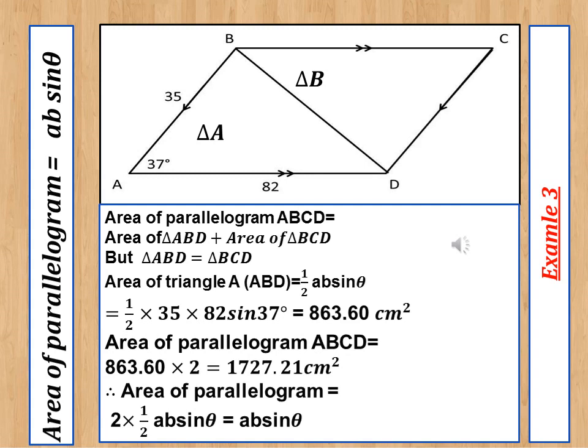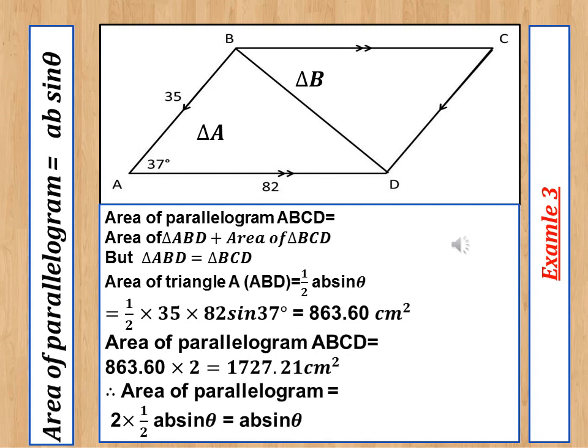Our one side is 35, that is A, and B is 82 centimeters, so the area of this triangle will be half times 35 times 82 sine 37 degrees, which gives us 863.60 centimeters squared. Therefore, the area of parallelogram ABCD will be the area of one triangle multiplied by 2, which is 863.60 times 2.